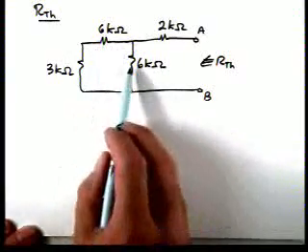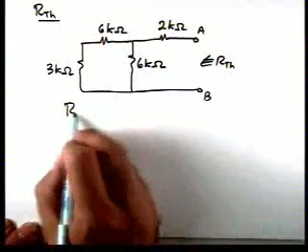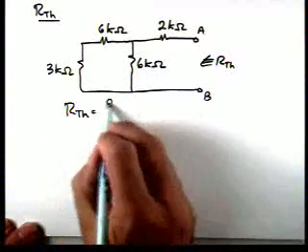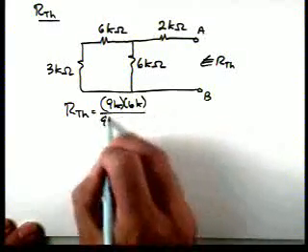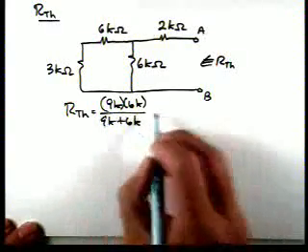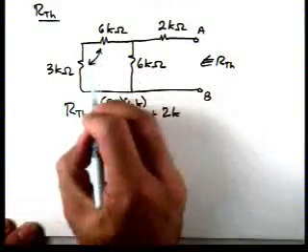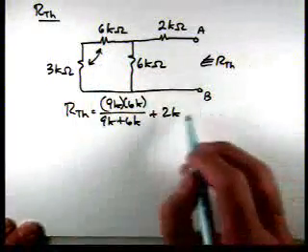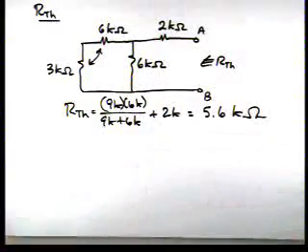So really we have a 9K resistor in parallel with a 6K. So R Thevenin is 9K times 6K over 9K plus 6K plus 2K. Now the 9 is a series combination of those two. So R Thevenin turns out to be 5.6 kiloohms.